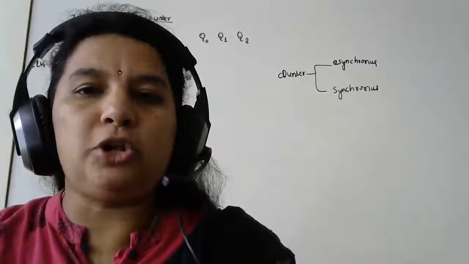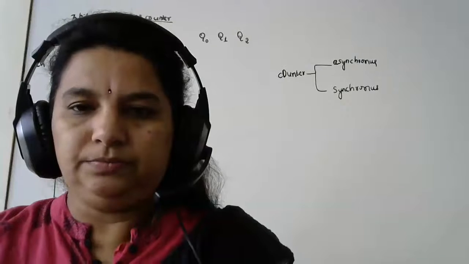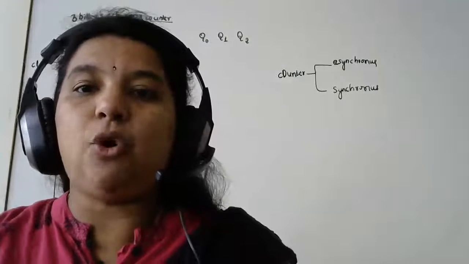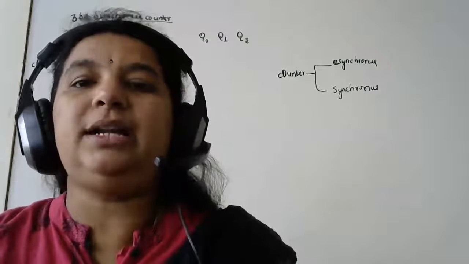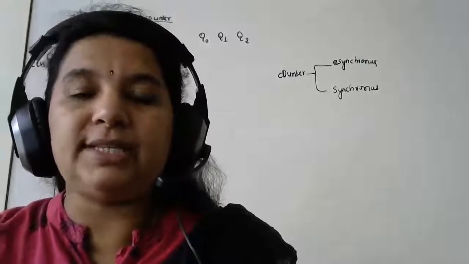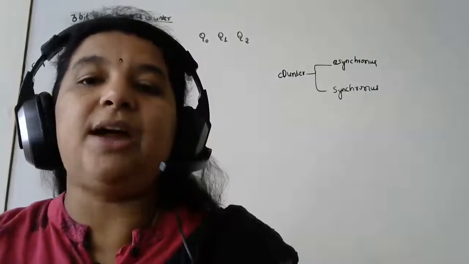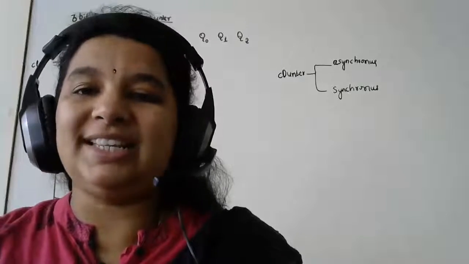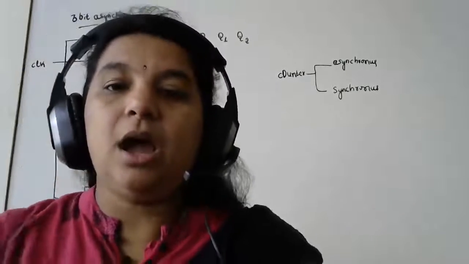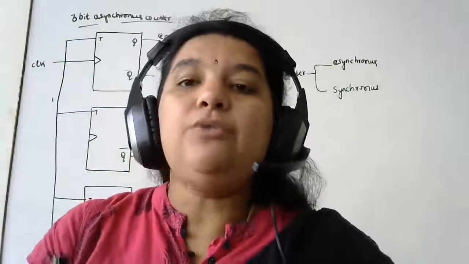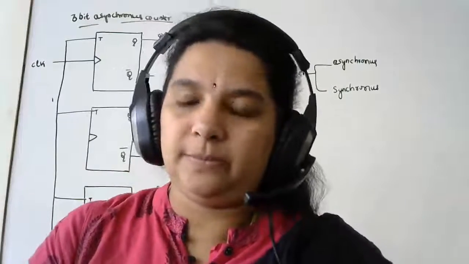What do you mean by modulus? The number of unique states I want to count, right? So that gives me the mod. If my counter has m states, then I call it an m mod counter. Now I want to design a 3-bit counter. What will be the value of m here?